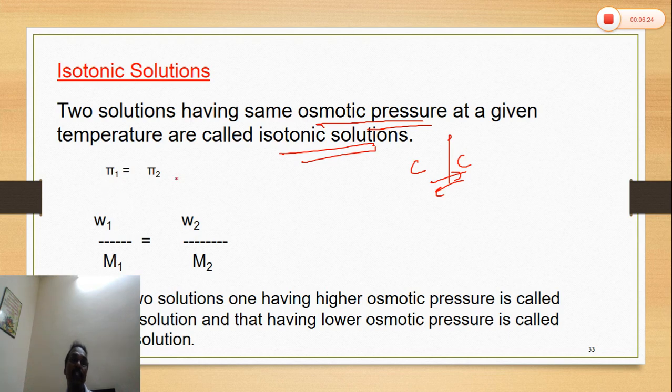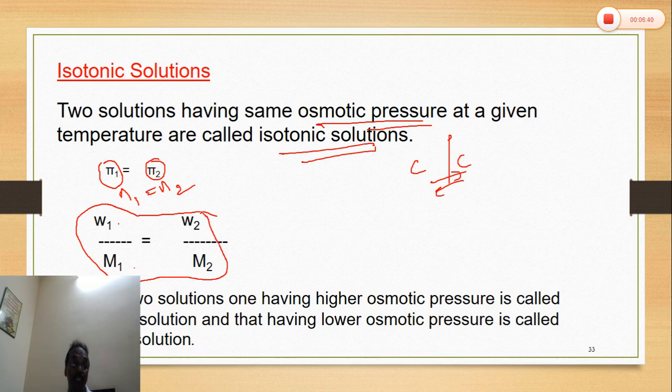That is, pi 1 is equal to pi 2, so n1 is equal to n2. The number of moles in the two cases is the same. So we can write W1 by M1 is equal to W2 by M2. This is the equation for isotonic solutions. Iso means the same. Isotonic solution means the same osmotic pressure.